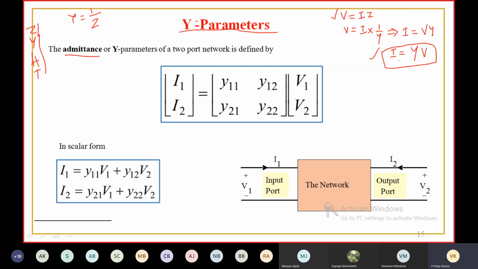This equation can be written in matrix form like this: I1, I2, a 2 by 1 matrix, which is equal to the matrix of four parameters Y11, Y12, Y21, Y22, multiplied by V1, V2.